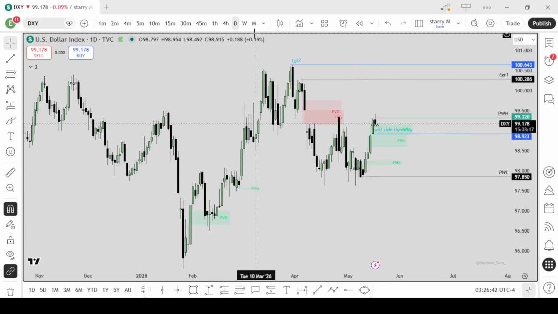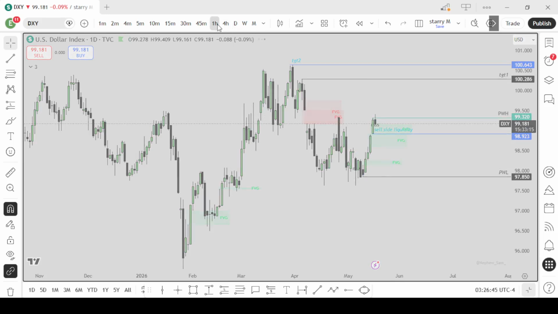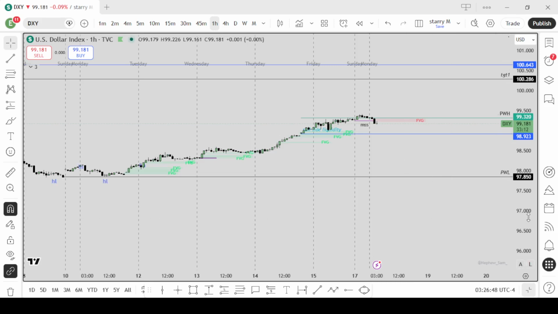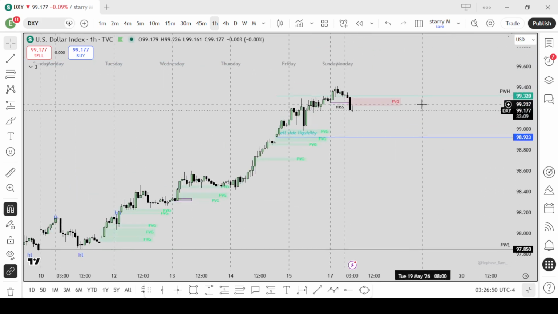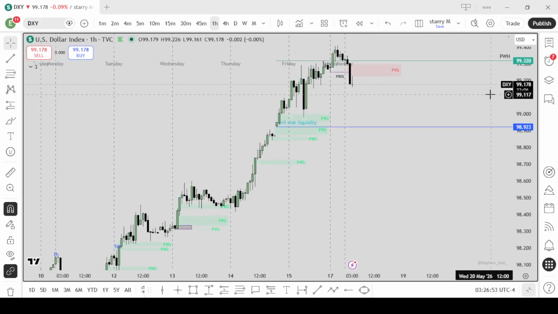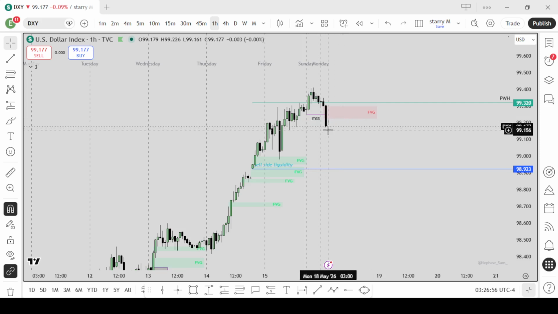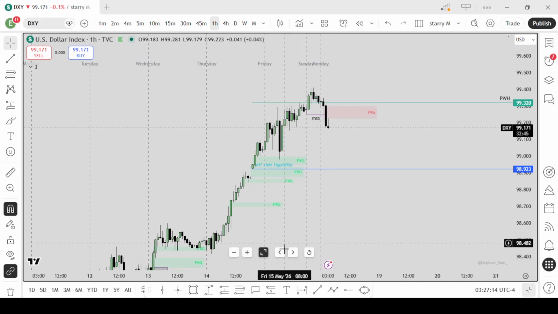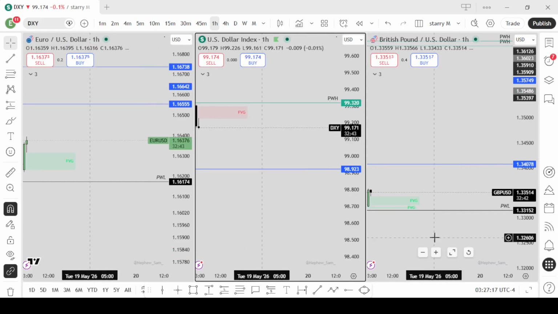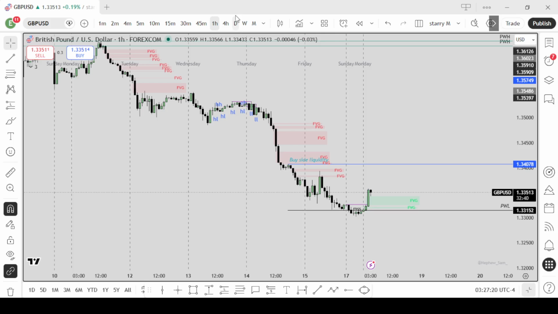Today we are currently on the pullback phase. Most Mondays we usually have a pullback anyway, so it's even expected. So once this 1 hour closes and we form this fair value gap, we can look for sales here. That is if you actually trade against the trend.